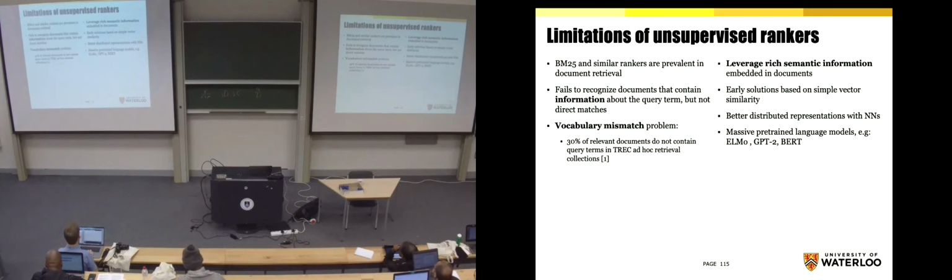Particularly lately, there have been these very large language models. I'm not going to get into details because that's an entire day of itself, but basically they are things that say, this looks like English.